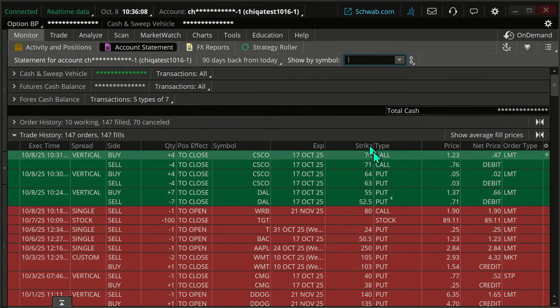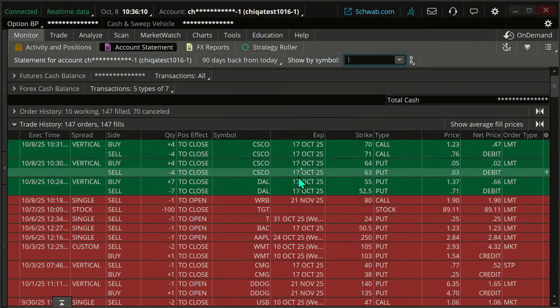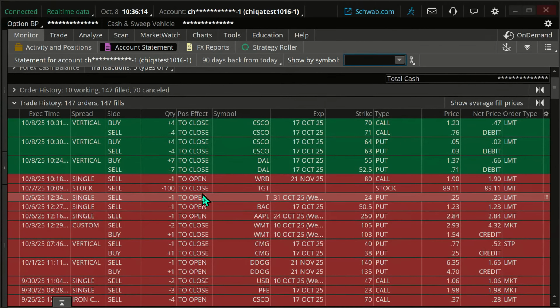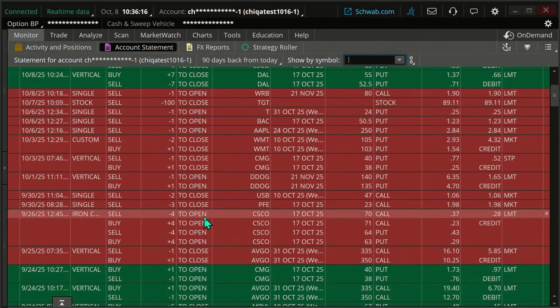and we look back for long single options that we closed, here, we closed USB, okay? We closed USB. We closed Pfizer. These are both single options here that we closed.